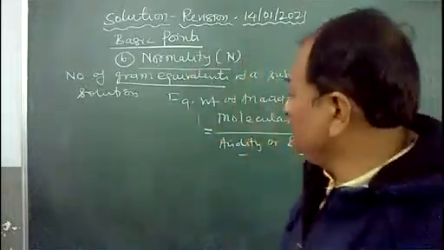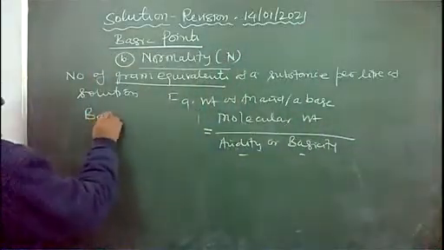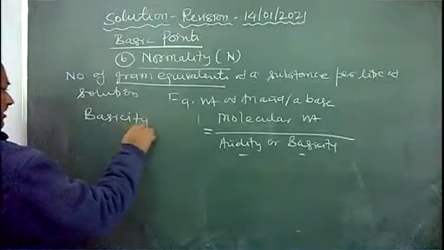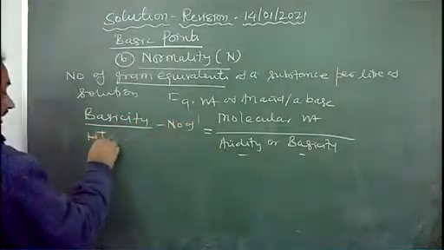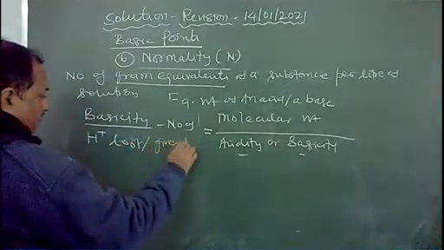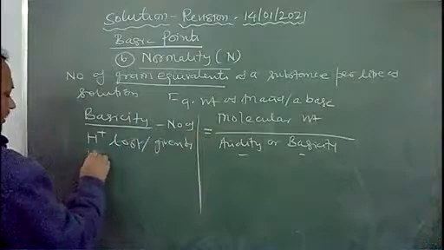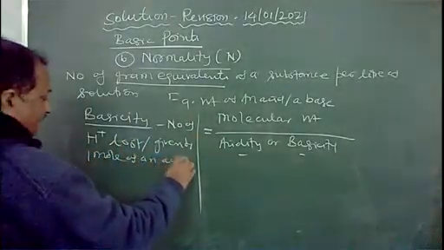Now I am coming to the next part, basicity. Basicity is the number of hydrogen ions lost or given by 1 mole of an acid.